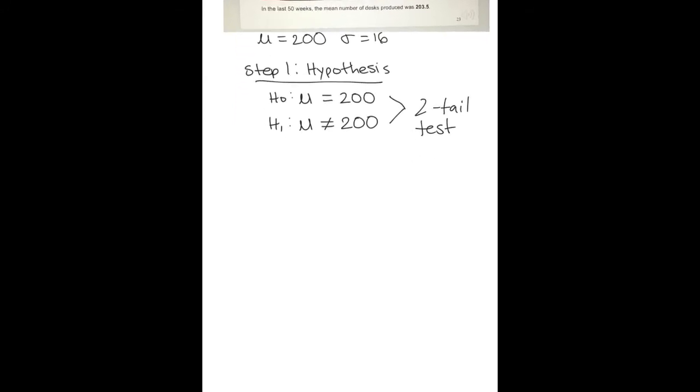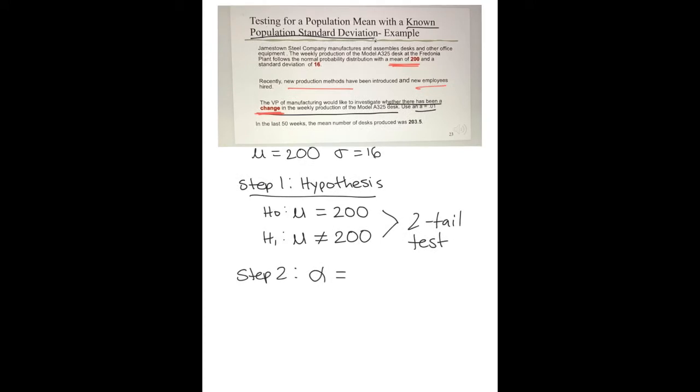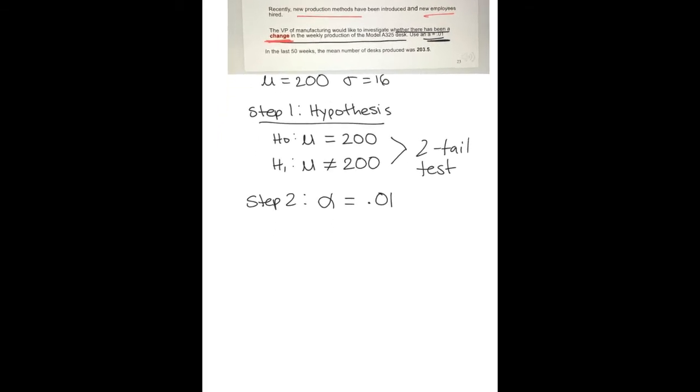So step two is basically our alpha. In this problem, you'll notice that alpha is set to 0.01, and of course, this is a two-tail test as we discussed. Let's go on to step three.